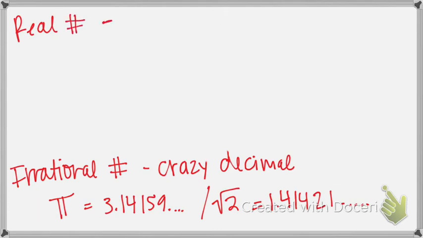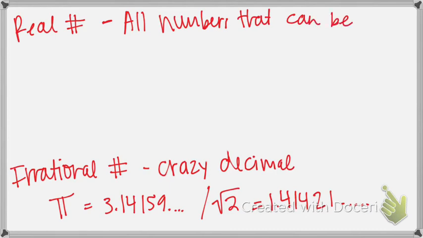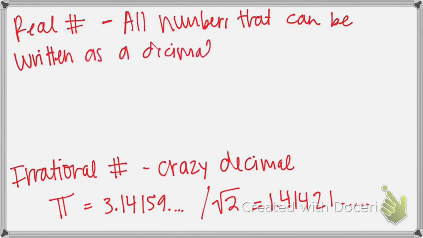A real number is all numbers that can be written as a decimal. Which I like to think about is really any number that corresponds to a point on a number line. So if I drew a number line, if it could be on this line anywhere, it is a real number. Okay?